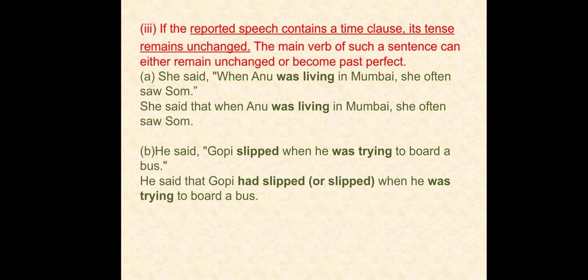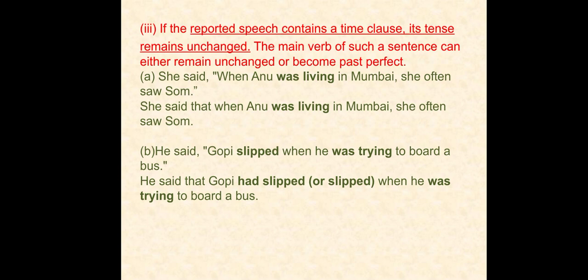Third, if the reported speech contains a time clause, its tense remains unchanged. The main verb of such a sentence can either remain unchanged or become past perfect. She said, "When Anu was living in Mumbai, she often saw Som." So the answer will come like this.